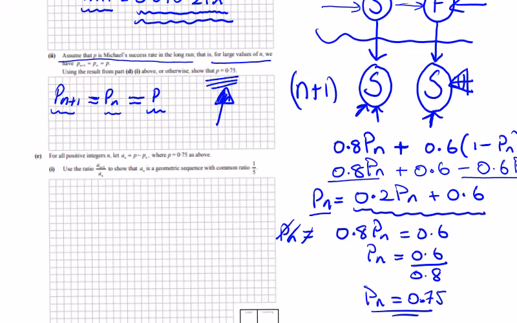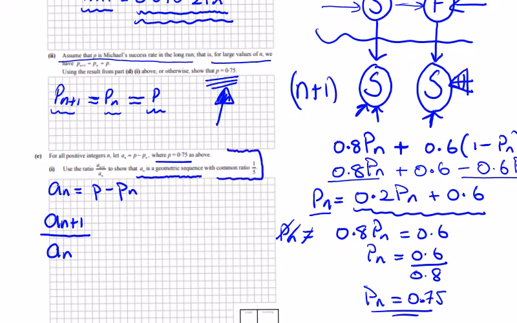It says for all positive integers n, let an, you have the papers open in front of you, equal p minus pn. And it says p is this 0.75 from above, and it says use the ratio an plus 1 over an to show that an is a geometric sequence with a common ratio of a fifth.